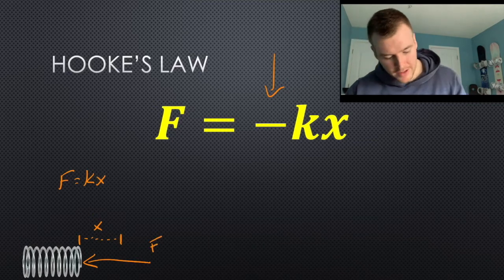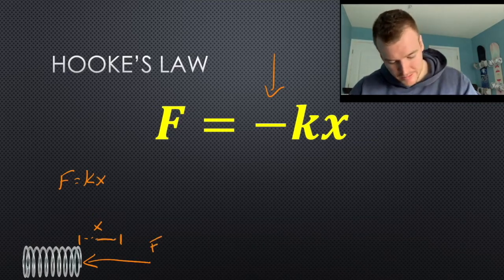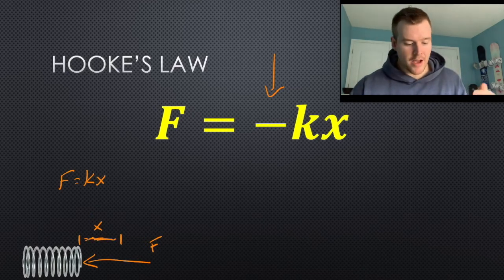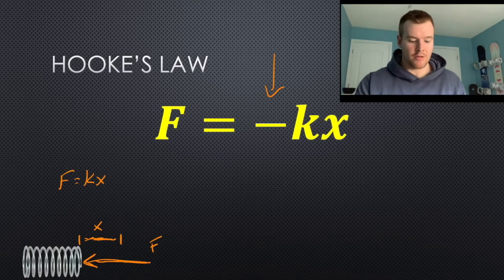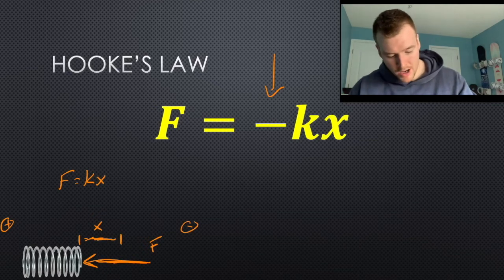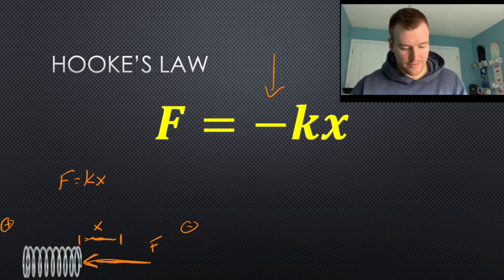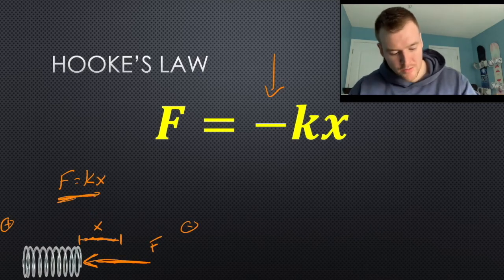So I'm going to put F here and x there. And that meant that the displacement here that we have as x was in the same direction as the force. If you push something to the right, x is going to be to the right. So let's say this is the positive direction and this is the negative. If you have a positive force going to the left there, you will have a displacement that is positive. So that's why we use this formula.